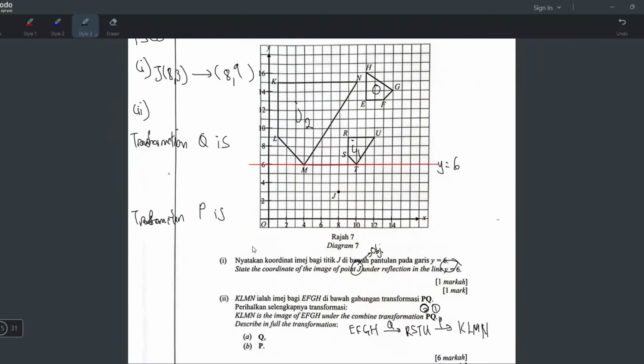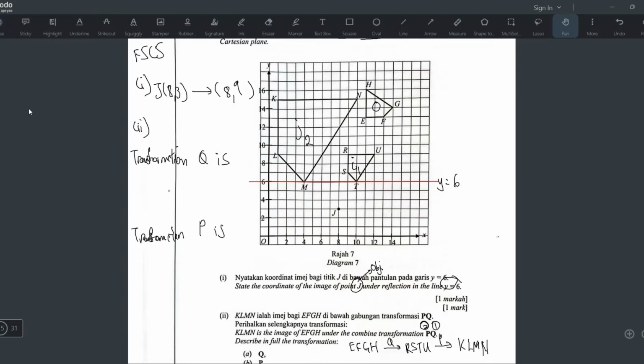Let's describe transformation Q first because Q is the first transformation. So it's from EFGH to RSTU, from this to this. So what do we have to describe? We have to know which transformation it is first. The easiest one to check is enlargement.